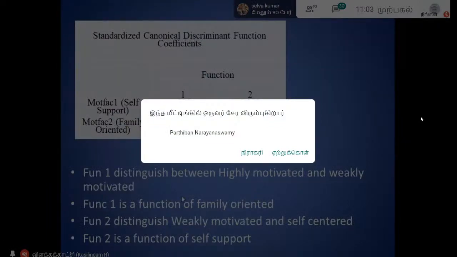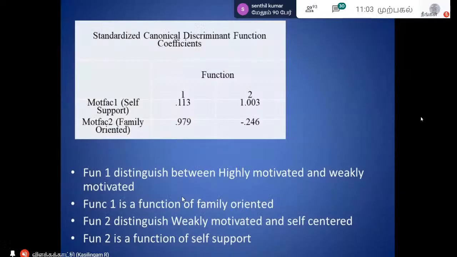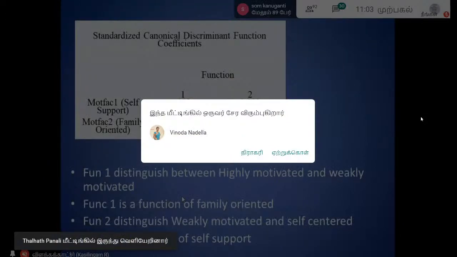Independent variable 2 is the family-oriented motive. If they have more self-support motive and family-oriented motive, we call them highly motivated. They have a high level of motivation. Who is weakly motivated? They have a low level in both. That is this one. Normally, I am telling you, I am not going to the data set, I am just telling how it is done.